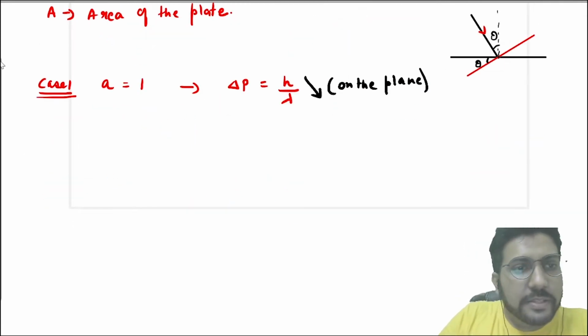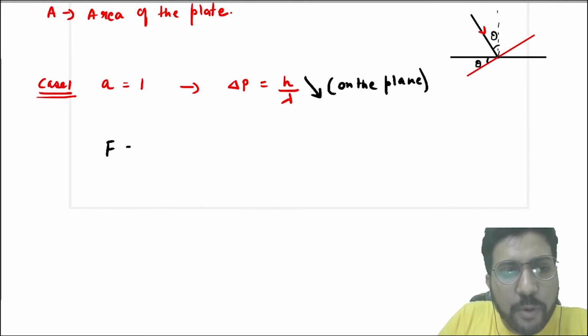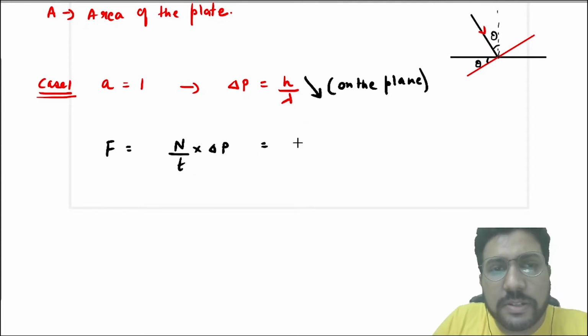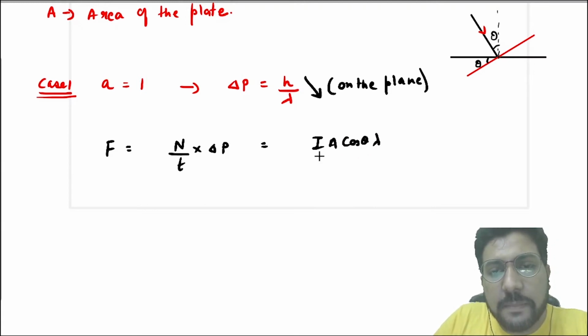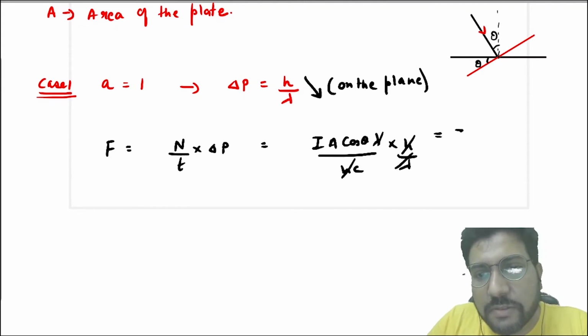All right, so we have found out the change in momentum due to one photon. You know that the force is n by t multiplied by the change in momentum of one photon. So that will be equal to n by t, which is Ia cos theta lambda by hc, multiplied by h by lambda, and from this you will see that the force comes out to be Ia cos theta by c.